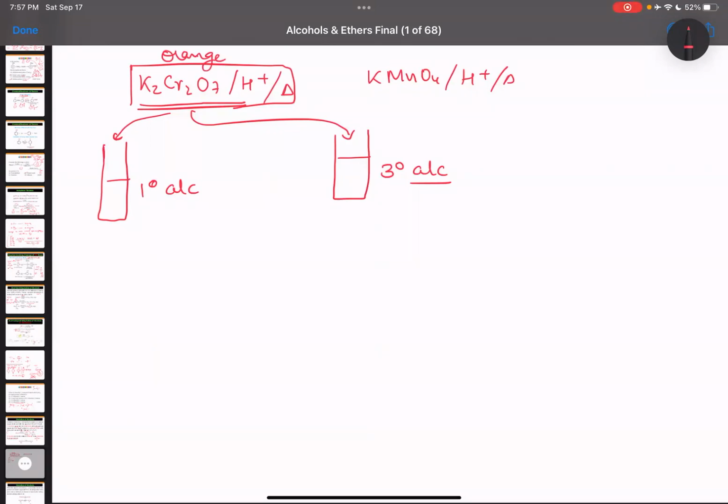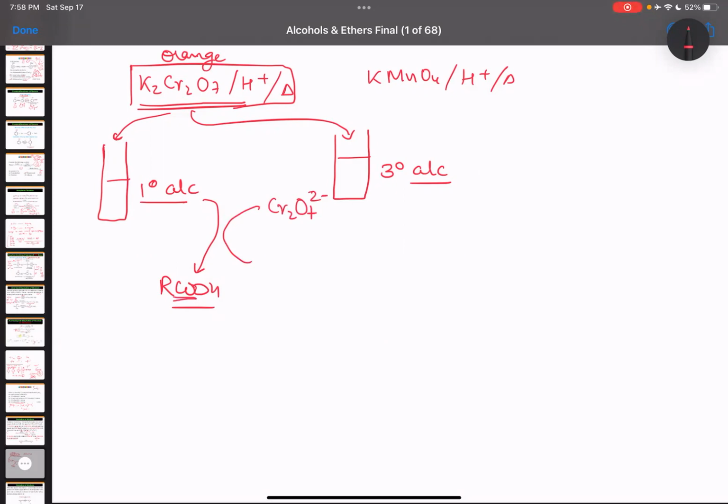And the alcohol gets oxidized to carboxylic acid. This is a redox reaction, and in a redox reaction oxidation doesn't happen alone. There is someone who will get reduced. So who will get reduced? Chromium, not carbon.